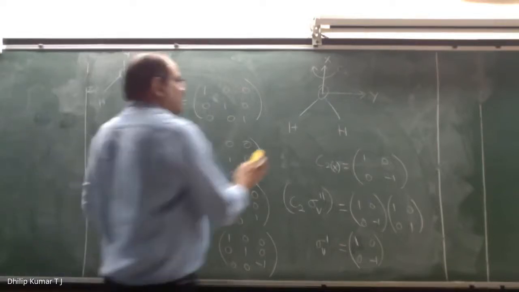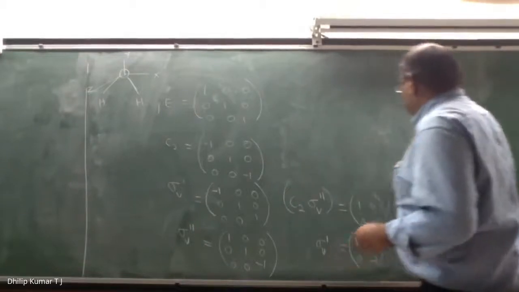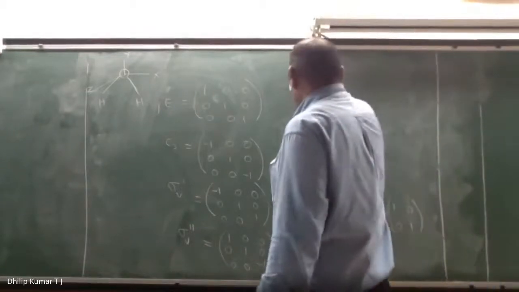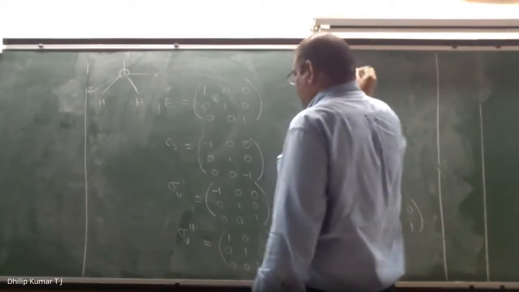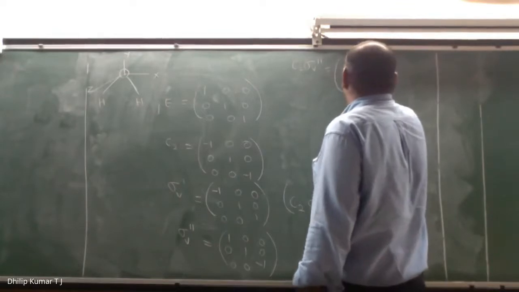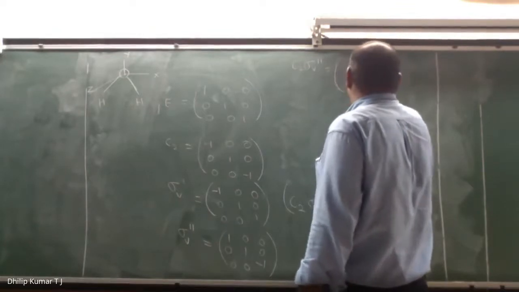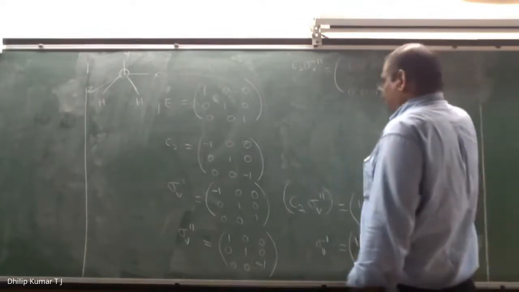Now let's take the product, C2 sigma v double prime. The double product is 1.